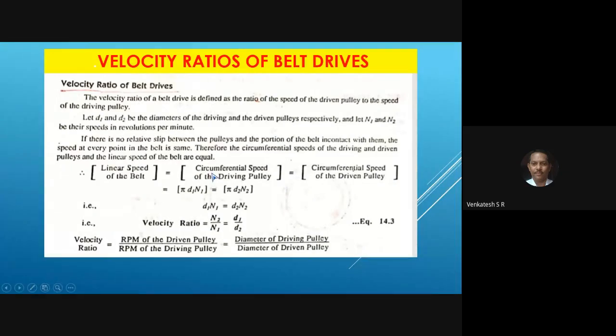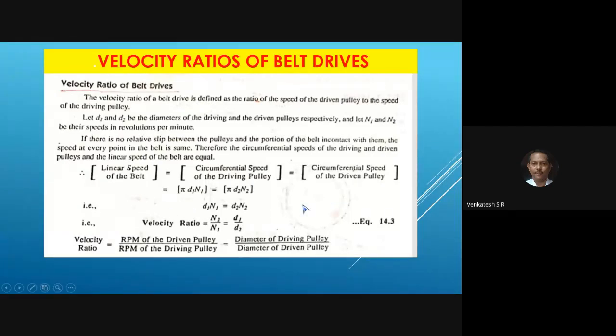Circumferential speed means pi into D1 into N1. Circumferential speed pi D1 N1 equal to pi D2 N2. Therefore, pi gets cancelled, D1 N1 equal to D2 N2. Below that, write down, that is velocity ratio, equal to cross multiplication, N2 by N1 equal to D1 by D2.